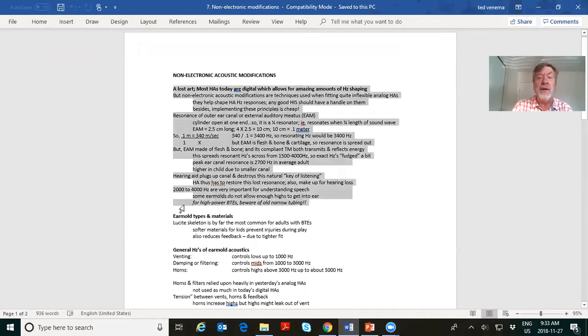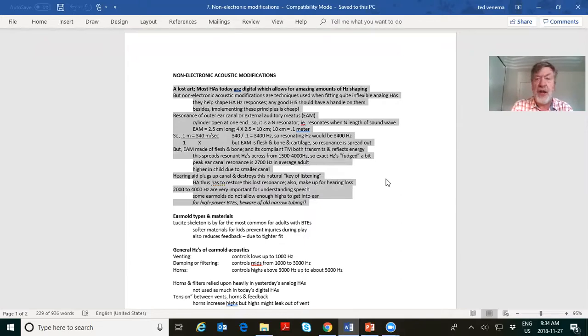Very important to retain that concept, even regarding anatomy class 120, because this is the physiology of the outer ear. Remember that the outer ear canal is a quarter wave resonator.